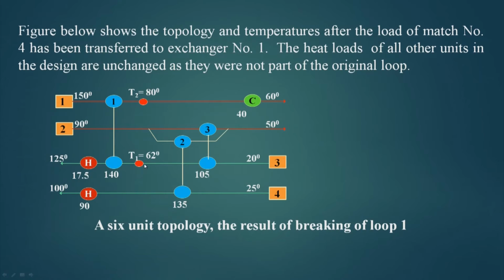Now, here the temperature becomes 62 degrees centigrade, and here the temperature is 80 degrees centigrade. So, there is a violation of the delta T minimum criteria.